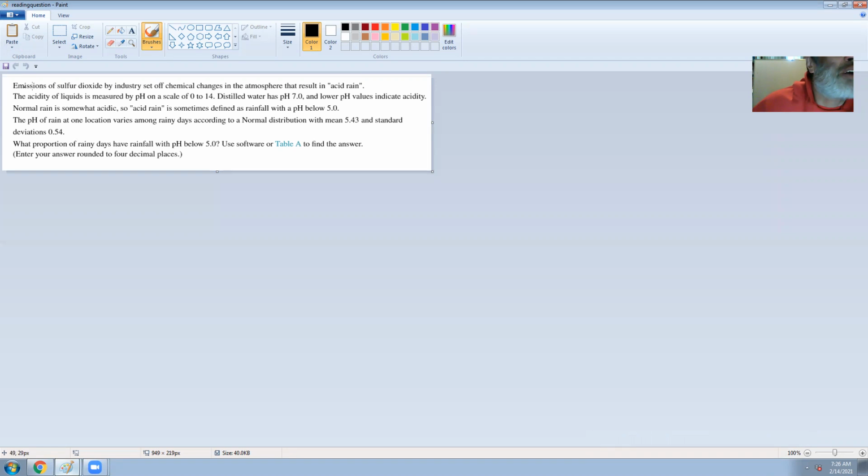The very first paragraph talks about sulfur dioxide in the industry, and it talks about setting off chemical changes in the atmosphere, and it mentions that liquid acidity is measured by pH.